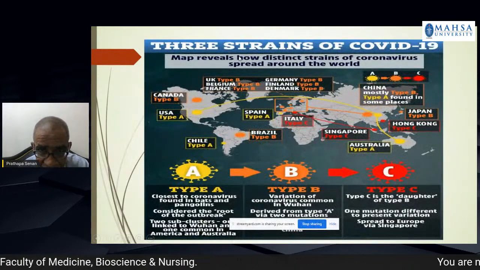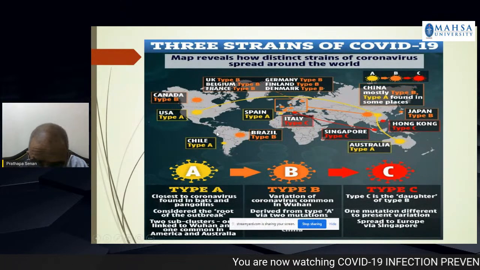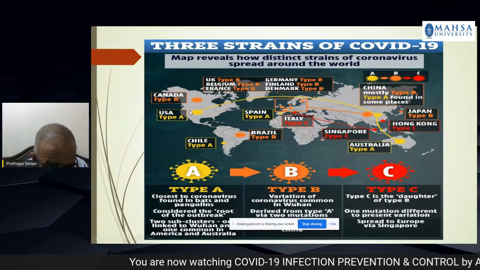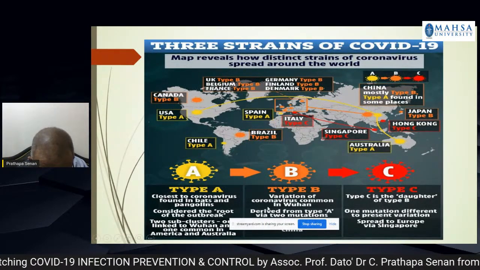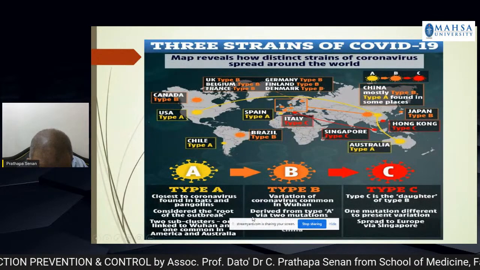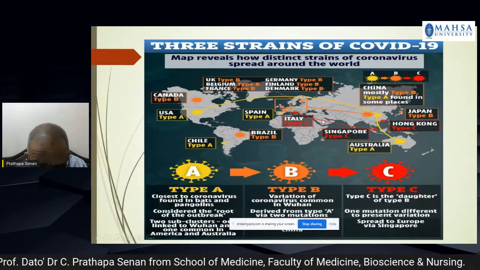Now they have found out there are 3 strains of COVID-19, A, B and C. Type A is the one that started in Wuhan and spread to the US and to Australia. And B, that is derived from type A after mutation, has gone to Europe.